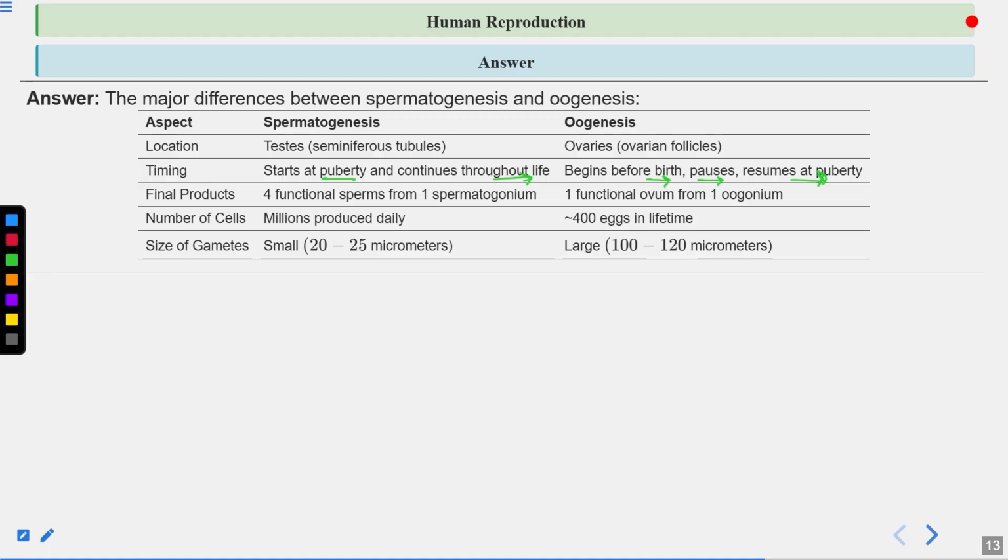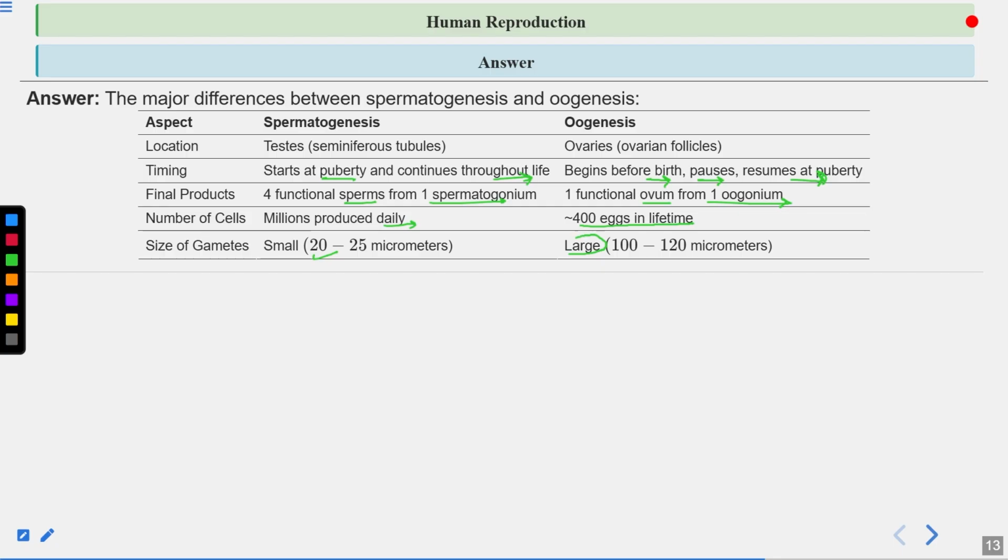Now, 4 functional sperms are produced from one spermatogonium. Only one functional ovum is produced from one oogonium. In spermatogenesis, millions of sperms are produced every day, and in oogenesis, around 400 eggs are produced in a lifetime. Sperms are very small in size, 20 to 25 micrometers.